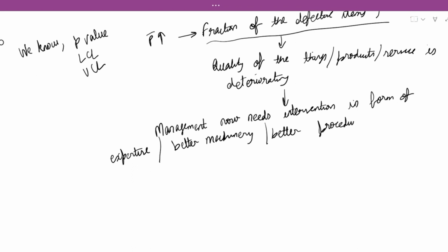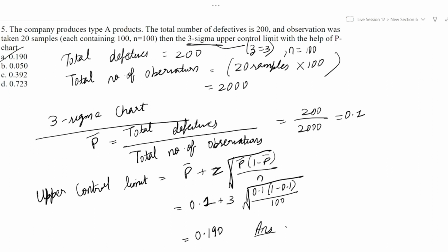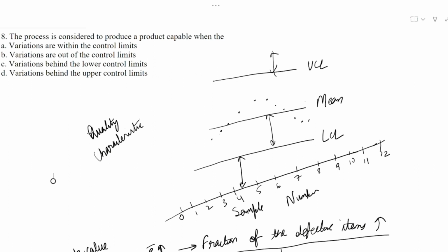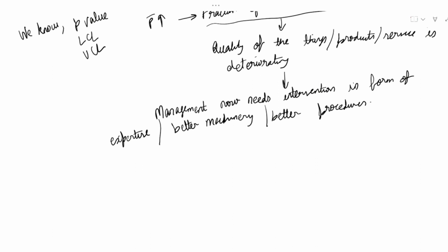So in the previous question, when we came across the benefits offered by control charts, one was when to take corrective action. When the percentage of defects is high, the management needs to interfere. When do we need to take the correct action, when to make corrections for the prevention of this increasing number of defects. So this means that some major intervention is required.